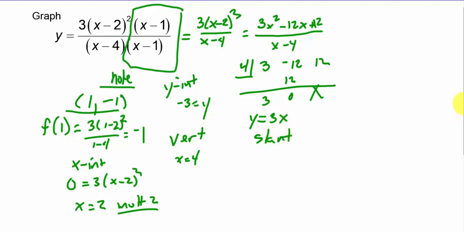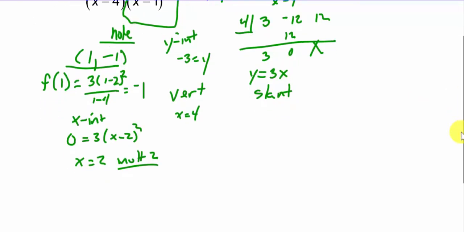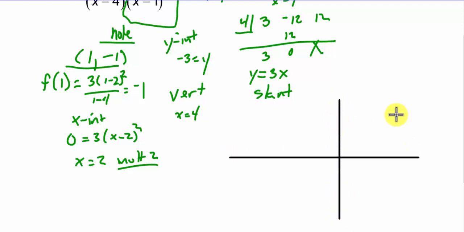So let's go ahead and graph this now. I know, first of all, that I'm going to have a vertical asymptote, and we said that was going to be at 4. So we'll drop that in. Slope of y equals 3x for my slant.